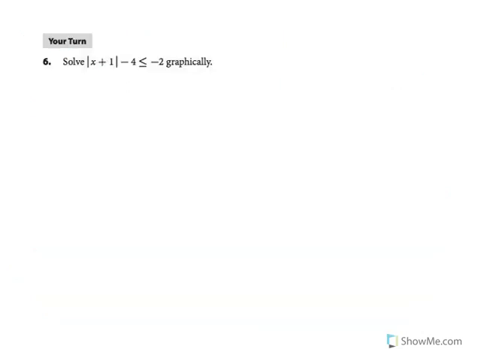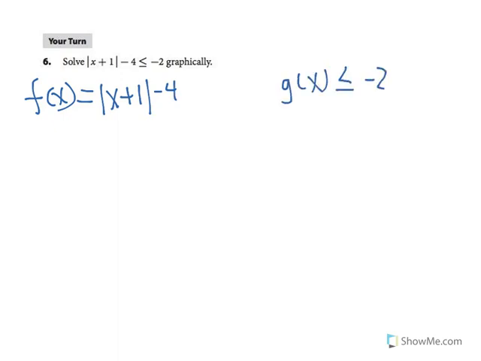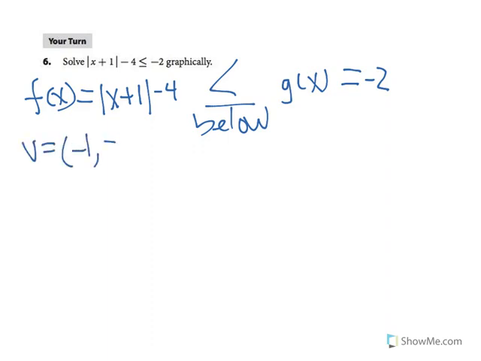Okay, number 5, so come ahead, we gotta try this one out. Keep on writing wrong. Right, less than or equal to, so we're looking for below the graph. Okay, so the vertex is -1, -4, right?